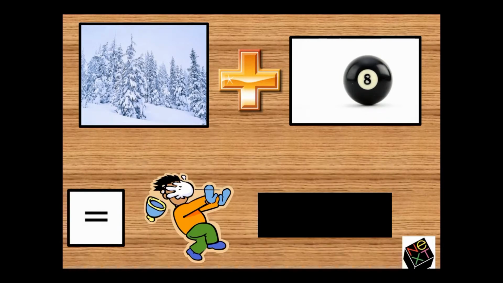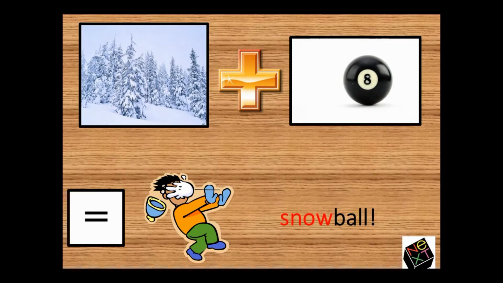Here, snow, ball, put both words together. What do you get? And you've got an additional prompt just in case they find it difficult. So both words together, snowball.